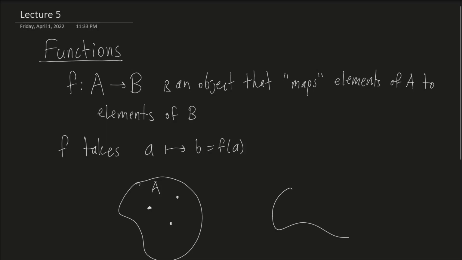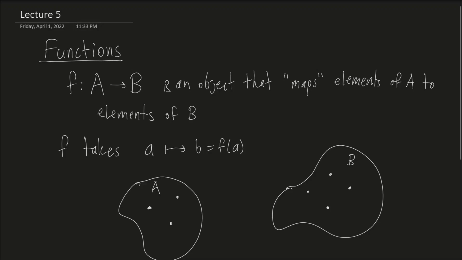And then here we'll have B, which has this set of points. Now when I say that I'm mapping from A to B, that means if I look at an element of A, there's some association with an element of B that's specified by this function f.